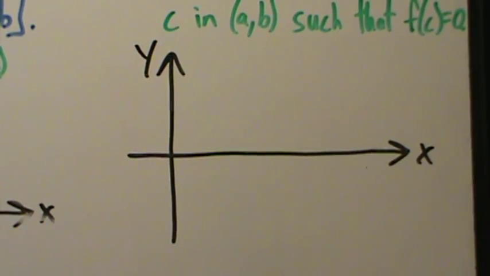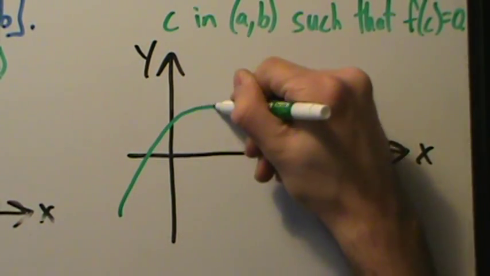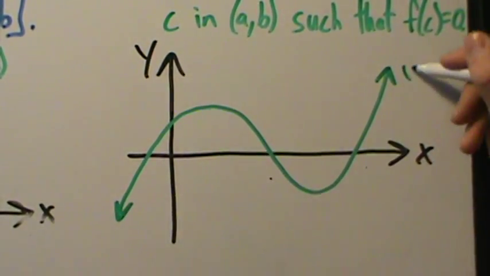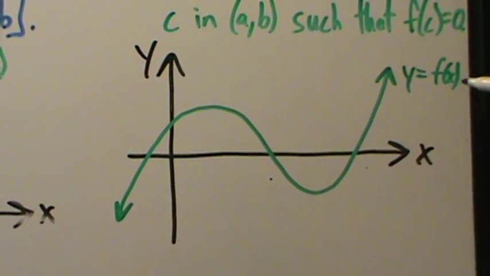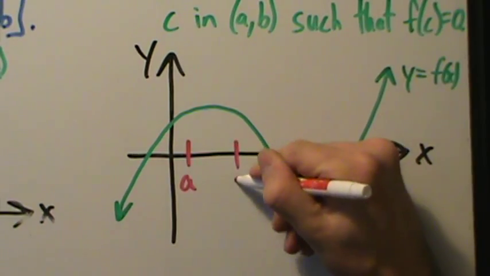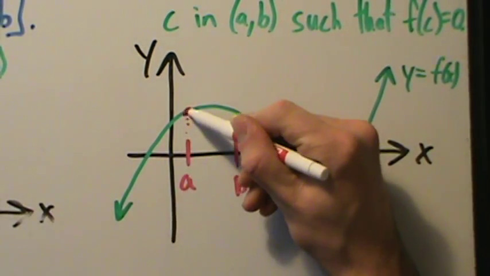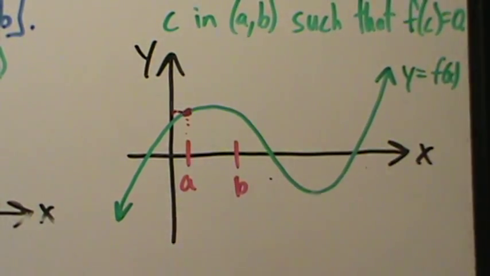So let's draw the same kind of function, why not? So y equals f of x. Let's put a right here, and we'll put b over here. Actually, let's move b over a little bit.